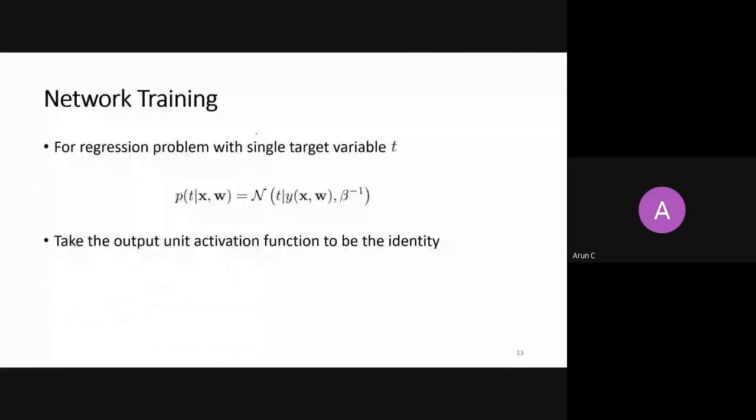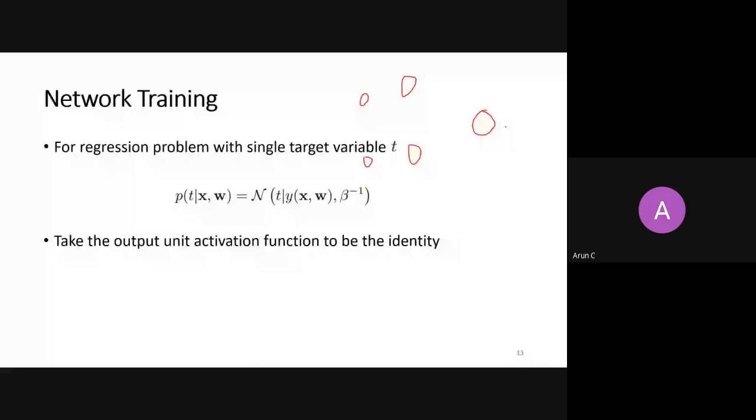Okay. Now the best part comes, which you are good at. You know how to find out a likelihood function. Here the assumption is that I am at the output layer, right? Let's say I'm doing a regression. So this output layer will give me some number, right?